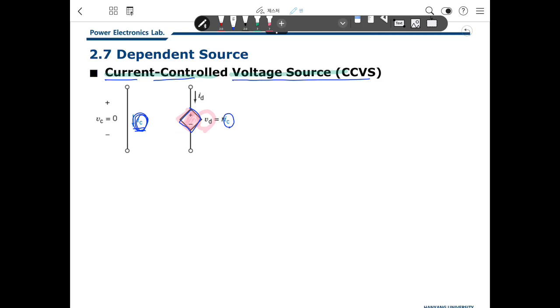So in this case, I don't know what value IC is, but VD is determined by IC and the gain R. Then you can say VD is R, the gain, multiplied by IC.